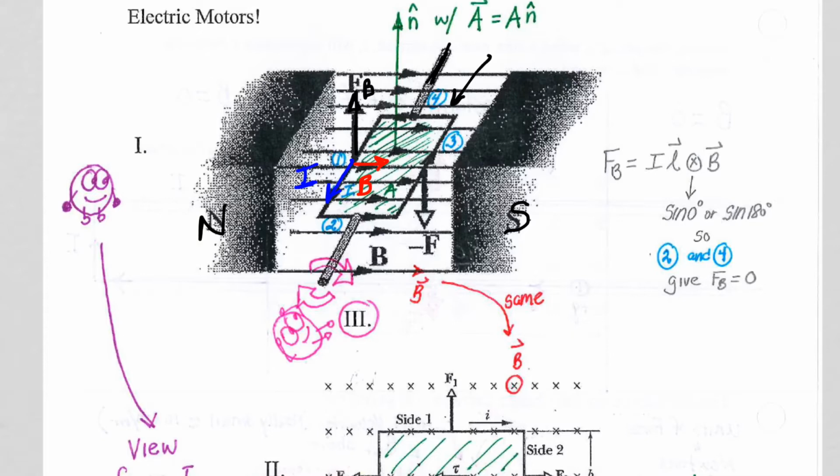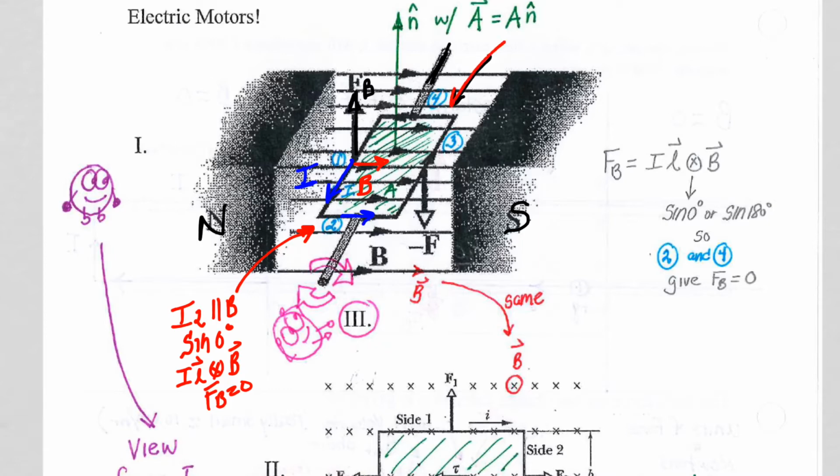Side 2 has the current running now to the right, parallel to B. Well, that is important because what we get for side 2 in this orientation, when the coil is lying flat to the B field, we're taking that as our initial orientation, we have that the current through the second portion is now parallel to the B field, so we get sine of 0 degrees when we do IL cross B. So we get no magnetic force in section 2, and let's jump over here to section 4.